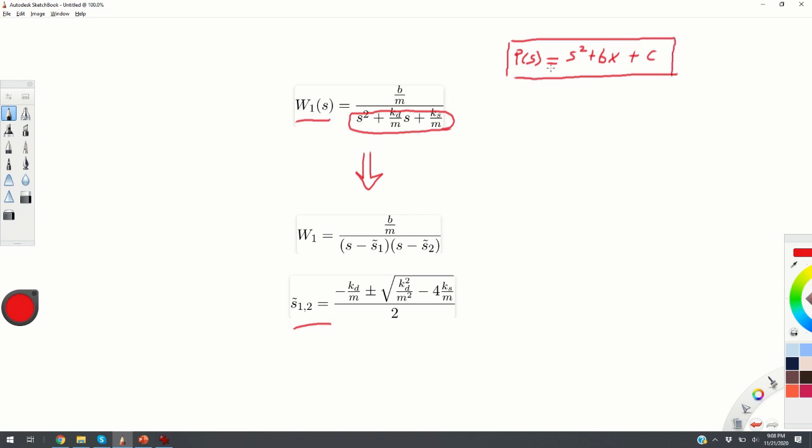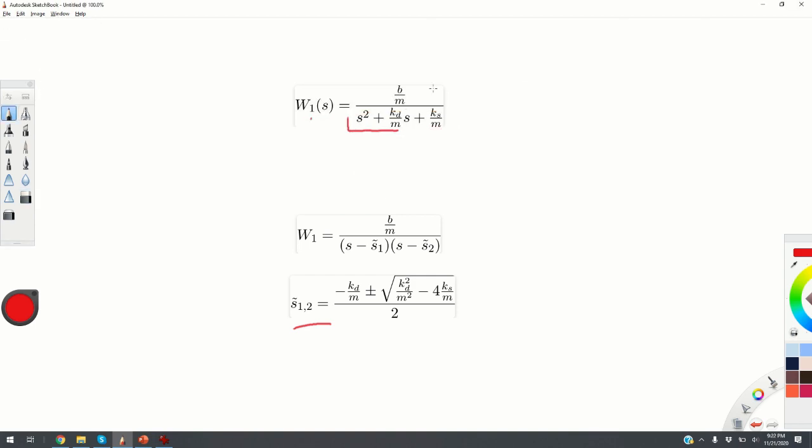So the basic problem is, if we have a polynomial that looks like this, we want to factorize such a polynomial. That is, we want to write it as s minus s1 times s minus s2. How to achieve that? Obviously, to transform w1 from this form into this form, we need to factorize this polynomial.